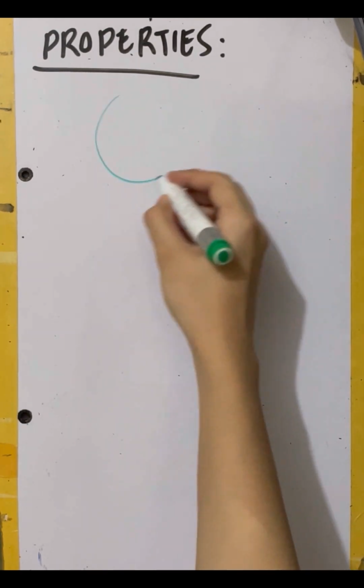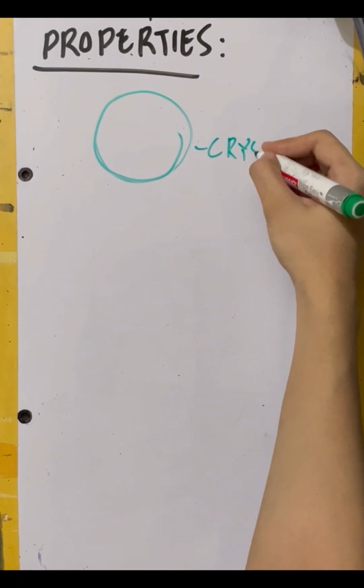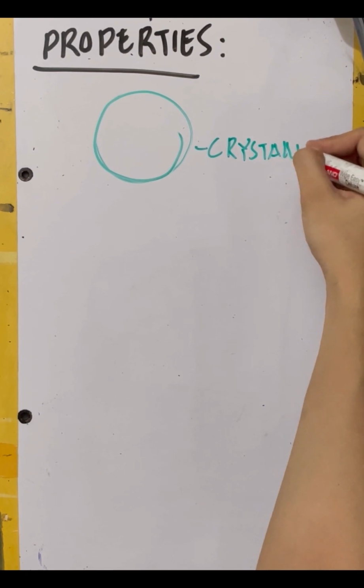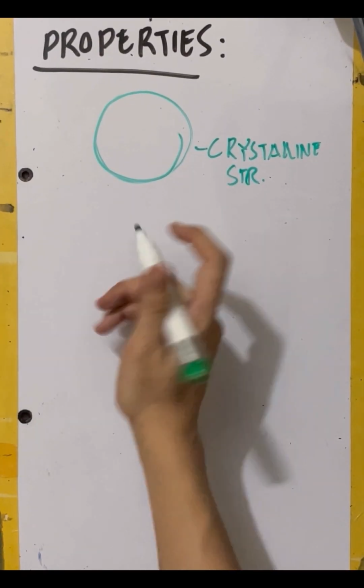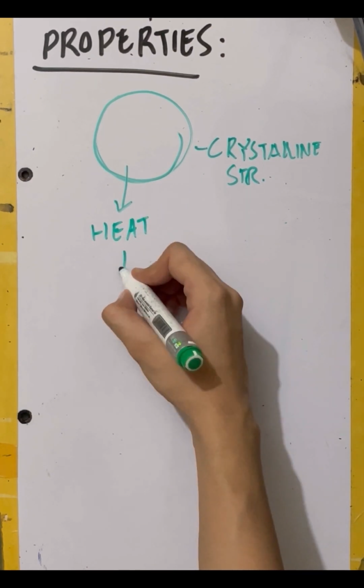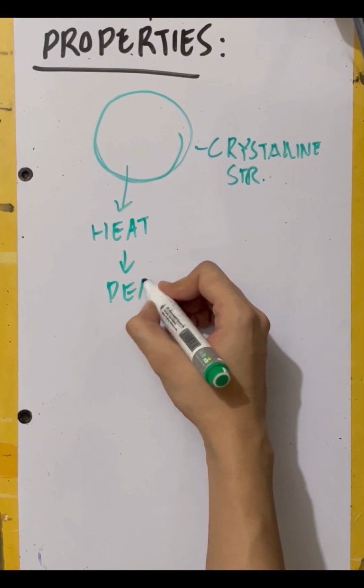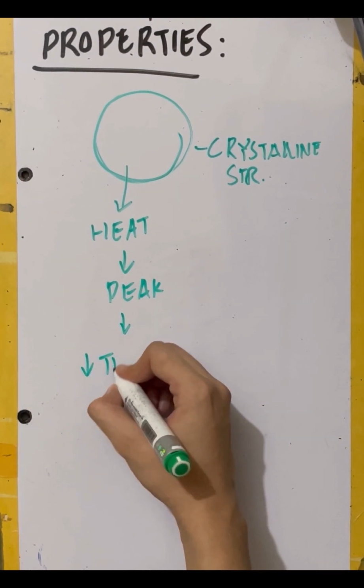Properties of wax. The first we are discussing is the thermal property. Consider that this is the crystalline structure of wax. Heat that wax, and there will be a peak endothermic reaction, and this will be less than the melting point.